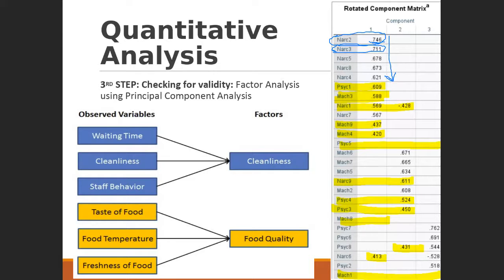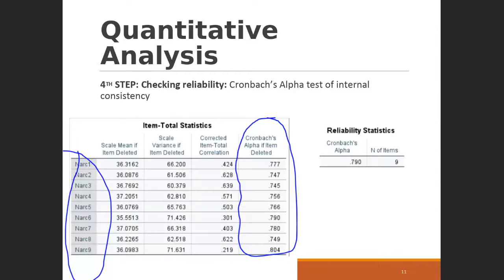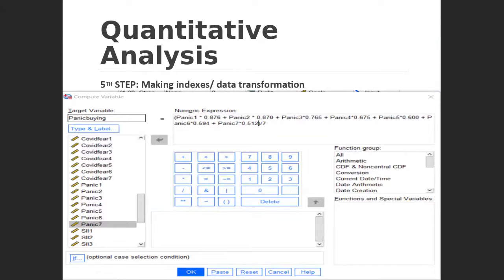We have taken the weights from your validity process, your factor analysis. These are the weights which arrange your questions according to their importance, so you want to give weight to these questions according to their importance.